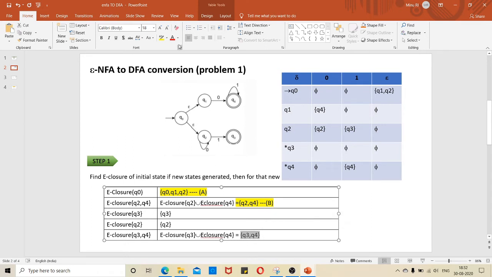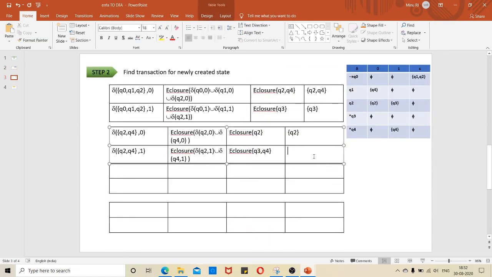We can name it as C now. So this is now C, which is Q3, comma Q4. So now I got another state Q3, Q4, and I need to find it for Q3, Q4.